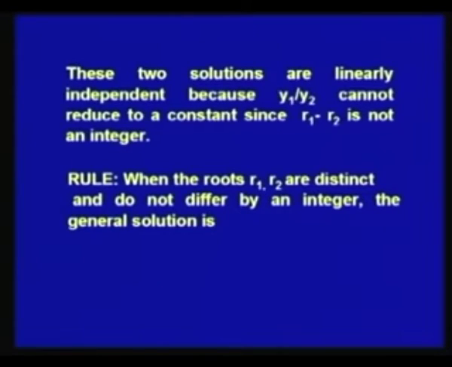So we will then write their linear combination as the general solution, and thus we have the following rule: when the roots r1 and r2 of the indicial equation are distinct and do not differ by an integer, the general solution is found by replacing r by r1 and r by r2 in the expression y(x) equal to sigma Cm (x − x0)^(m+r), where the Cm's are found from the recurrence relation, and we write the general solution as y(x) equal to a times y1(x) plus b times y2(x).